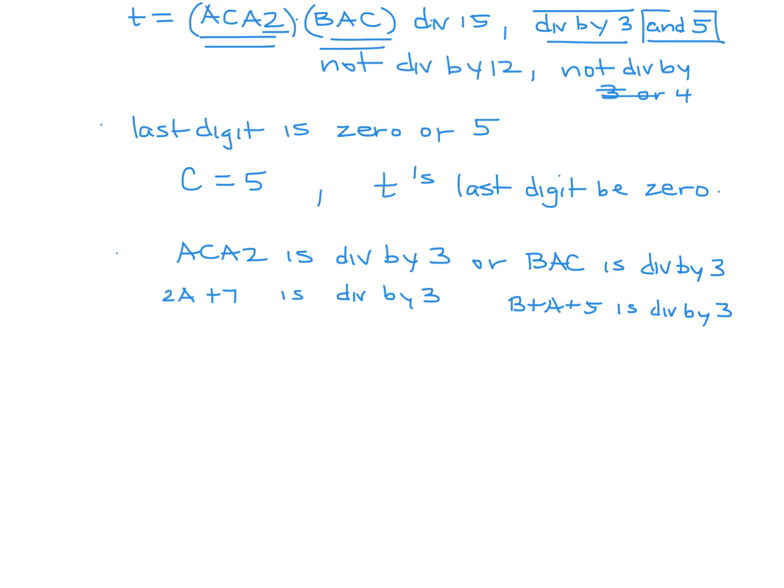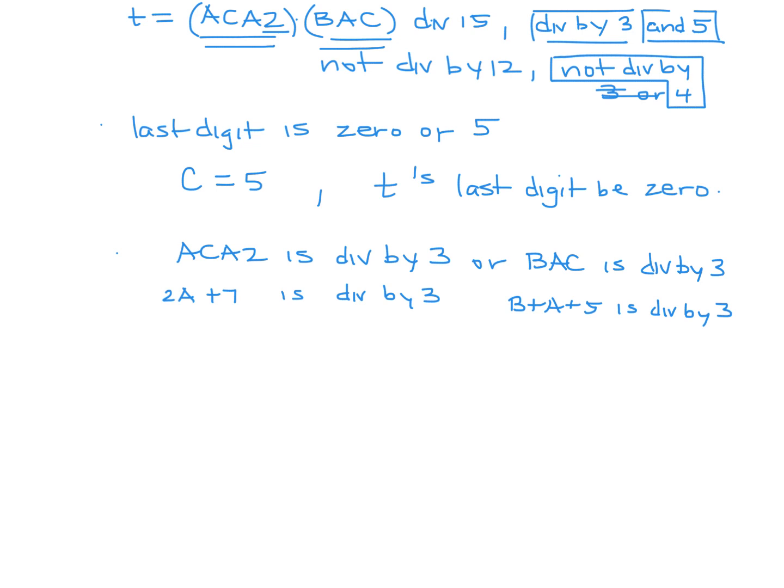Now I think we have to concentrate on this guy here, where it's not divisible by 4. Because T is not divisible by 12, that means it's not divisible by either 3 or 4, but it is divisible by 3 from the previous piece of information. So by process of elimination, it's not divisible by 4.